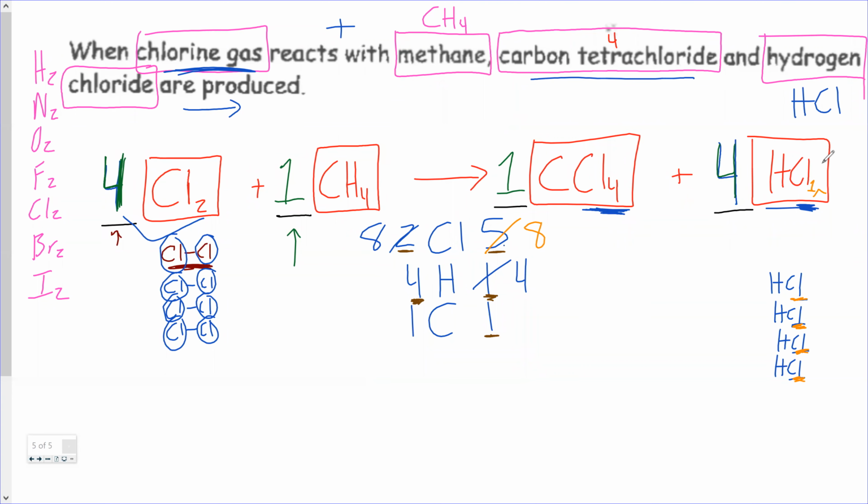All right, so the reason why we put a 4 there is because when we were balancing, we started with hydrogen. That's the first thing we balanced. Did you understand why we put this 4? Do you understand why we put a 4 right here?